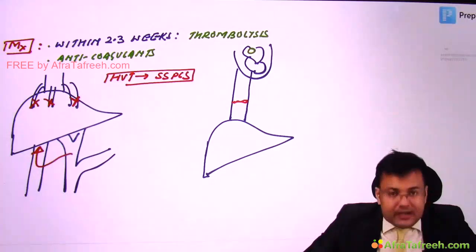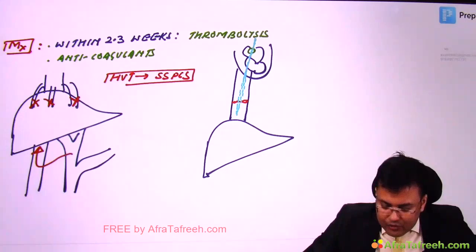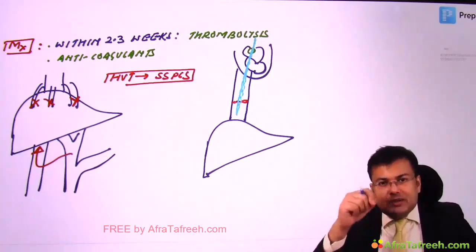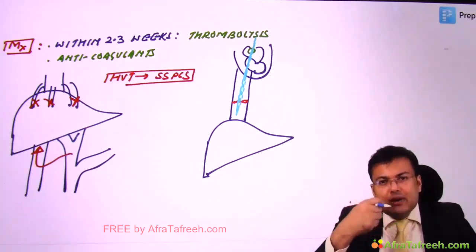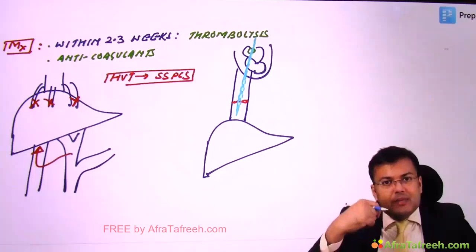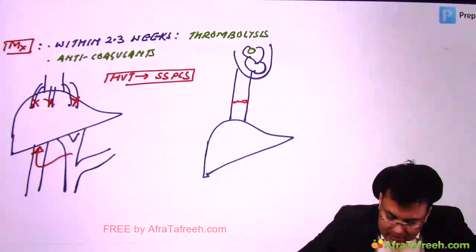After opening this right atrium, I'm going to rupture this web or membrane. So I'm going to rupture the membrane via the heart, meaning via transcardiac route, and that's why the name of this option is transcardiac membranotomy. So one option we have is transcardiac membranotomy.